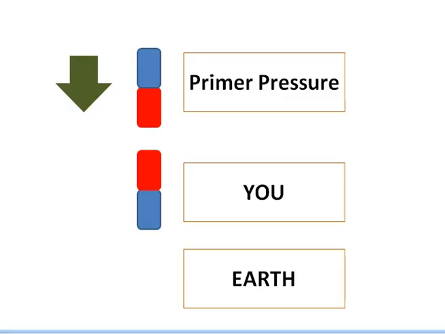So let's use the term Primer pressure, and we'll get back to the Primer Fields. Here we have a dipole, and there's you, and they're opposite. And this Primer pressure is coming down, and because similar things repel, you'll be pushed in the direction down.